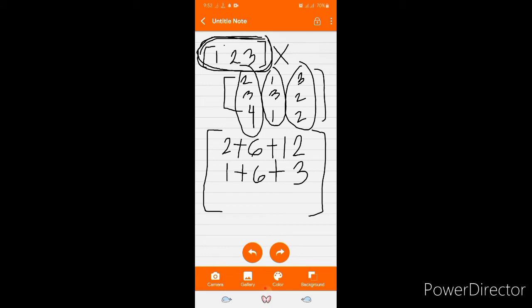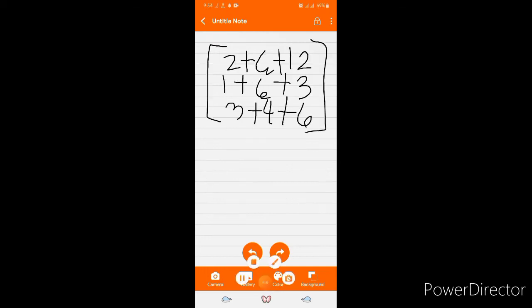Next is the third column. 3 times 1 is equal to 3, plus 2 times 2 is equal to 4, plus 2 times 3 is equal to 6. Then simplify. 2 plus 6 plus 12 is equal to 20.